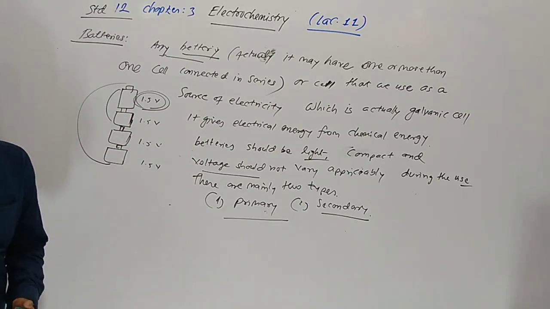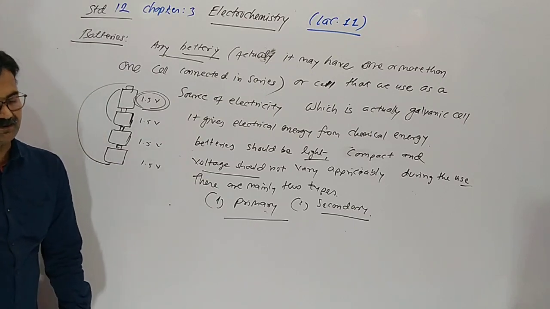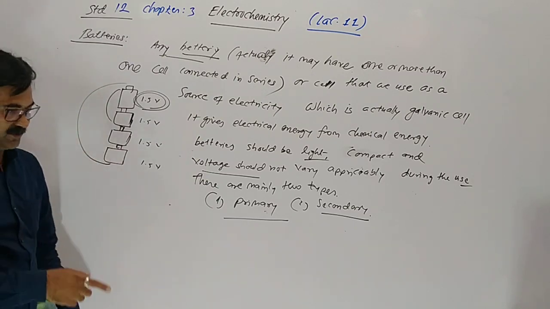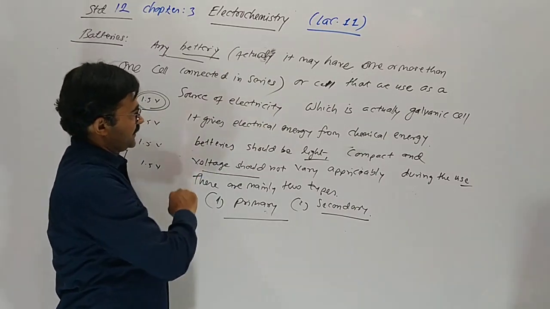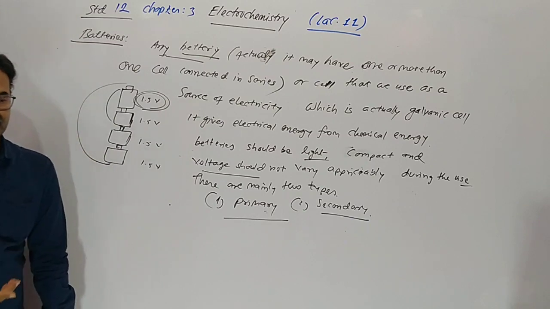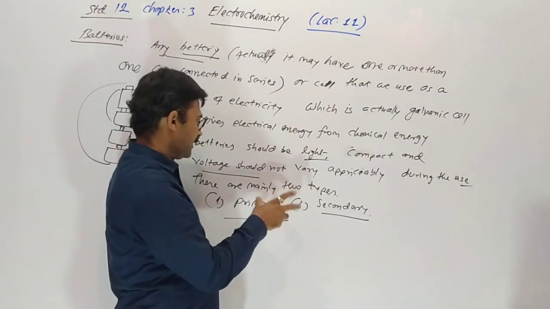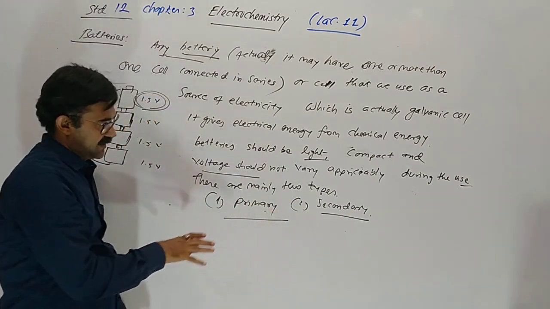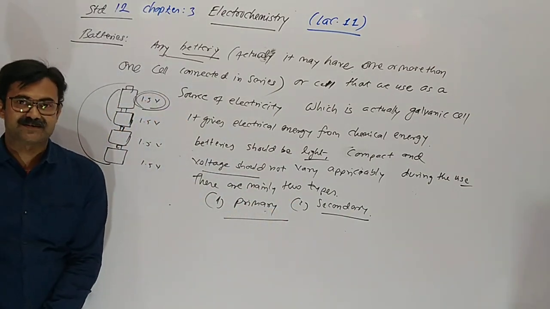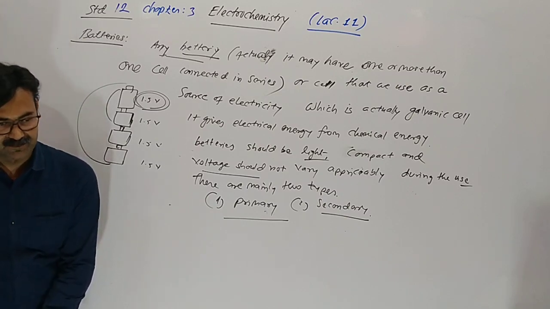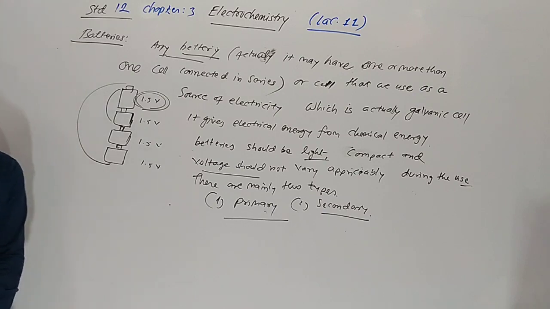Actually, batteries we use in our house, pencil cell, inverter battery, 4-wheeler and 2-wheeler batteries, are all galvanic cells, converting chemical energy into electrical energy, but they should be lightweight, compact, hard, and not vary appreciably during use.